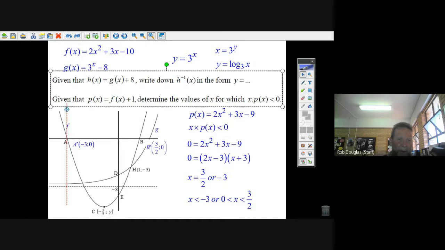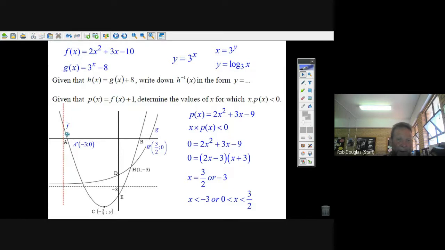You see that f is positive, and x is negative down here. These two are both negative on this side, but now f is positive and x is negative. And if we multiply them together, we'll get a negative number. So it works. If x is less than minus 3, then it satisfies this condition.